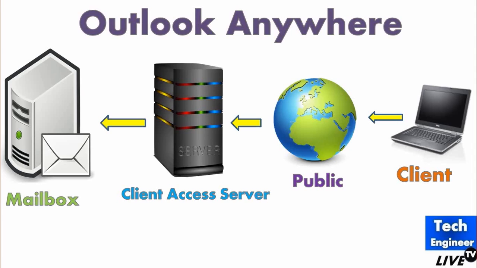It means that the Client Access Server requires a binding in HTTP, and it also requires being part of the internet. My client needs to get access to the Client Access Server, so that server needs to be discoverable and also needs to be resolved in DNS. It means that the entire setting needs to be resolved.